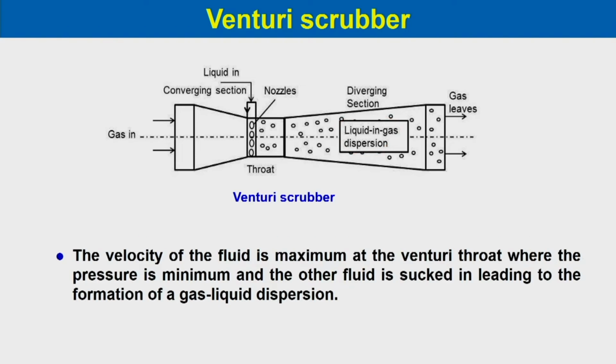The velocity of the fluid is maximum at the venturi throat, where the pressure is minimum and the other fluid is sucked in, leading to the formation of the gas-liquid dispersion. Since the velocity of the gas here is very high, there is a suction force in this section which sucks the liquid, and then the liquid is dispersed in the continuous flow of the gas. So, this is liquid dispersed.